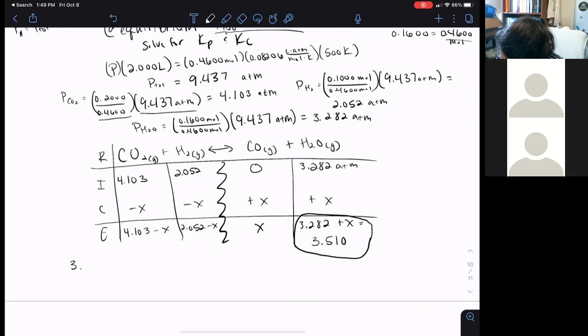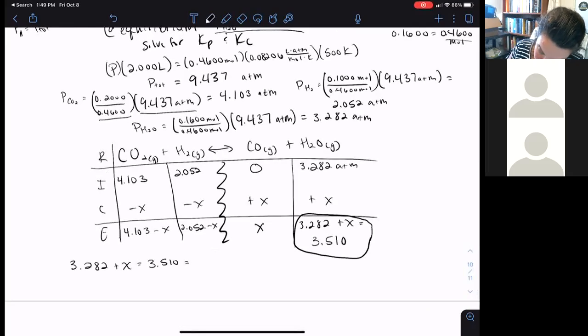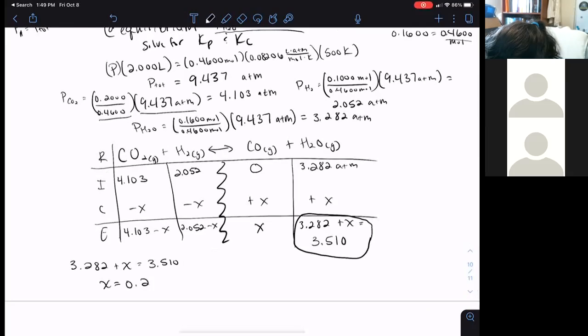We have 3.282 plus X is equal to 3.510. That means our X is equal to 0.228.